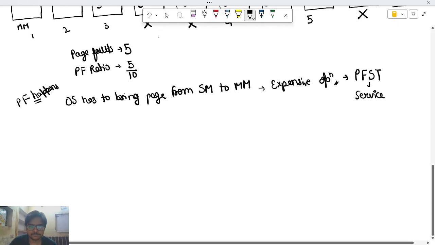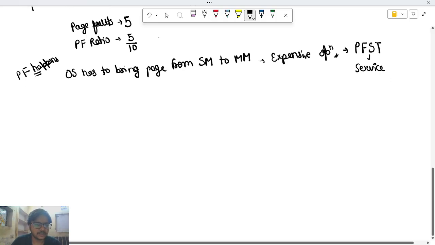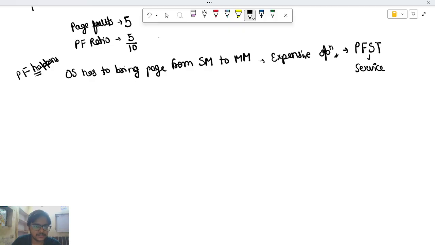Now one more thing I want to explain here, which is in general related to the total time it takes for a CPU to access a page. Whenever a CPU requests a page, first of all it checks the page table, which exists in main memory, and from the page table it gets to know the frame number.